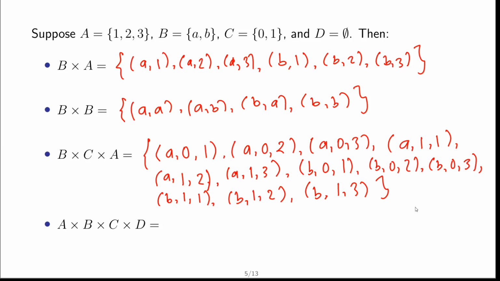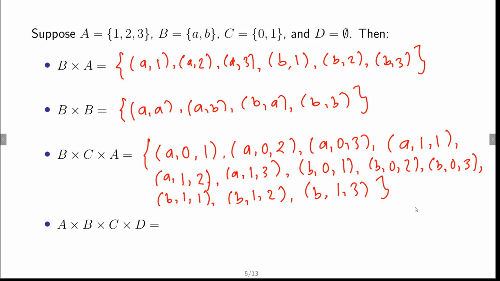Now how about A times B times C times D? So for A times B times C times D, we want to form 4-tuples or quadruples, where the first element of the 4-tuple is from A, the second is from B, the third is from C, and the fourth is from D. However, D is actually the empty set, so there is no way we could take any element from it.